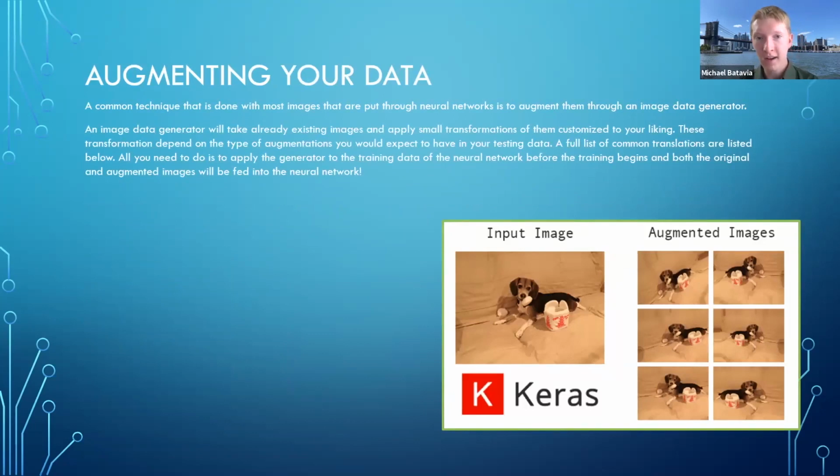Now, the idea of augmenting the data is, let's say that in real life, someone is trying to test your deep learning model. Let's say that you are trying to test my deep learning model, and you're going to snap some pictures. So let's say I have a deep learning model that will detect a dog versus a cat.